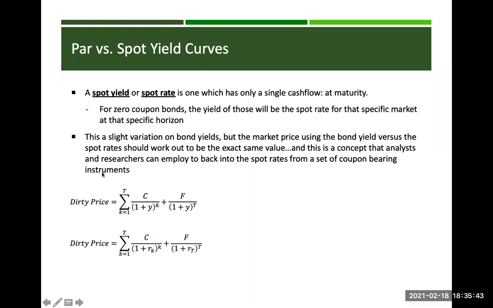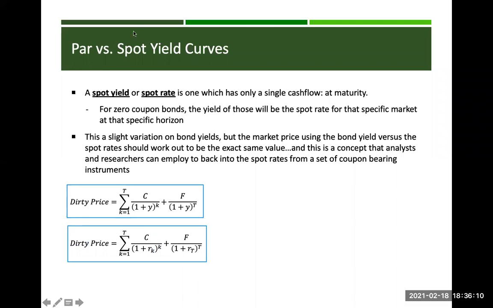So the bond yield is shown on that first equation. This first equation is calculating the dirty price using the bond yield, that specific bond yield. So it's just a Y there. The second equation is not using the bond yield.